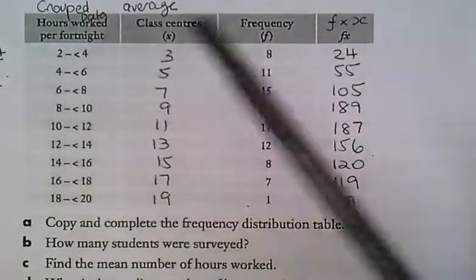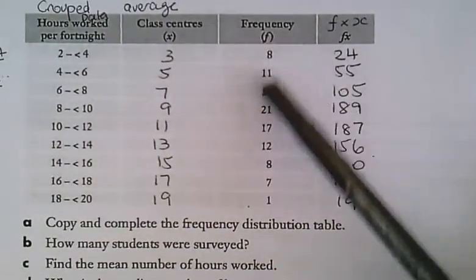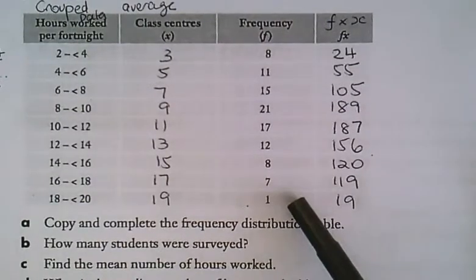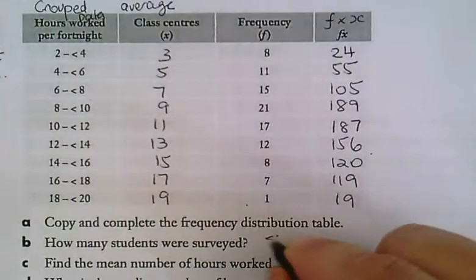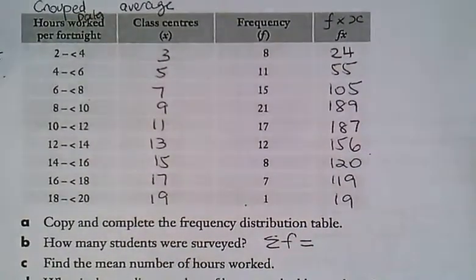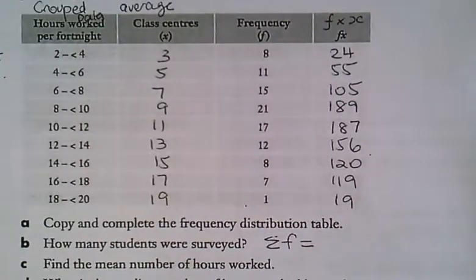How many people worked between 4 and 6? So you add this up for the number of people. Yes, you add up the frequency. But instead of learning, I just add the frequency, you read and interpret the table, then you will know what to do. So how many students is the sum of the frequencies? You have to add up the frequencies. Yes, they do add up to 100.